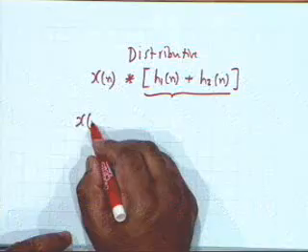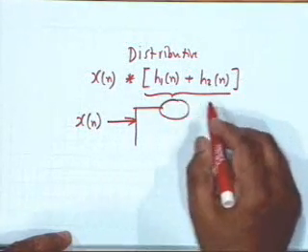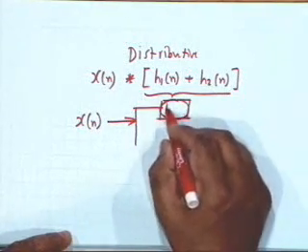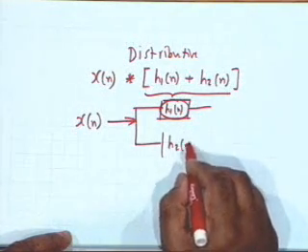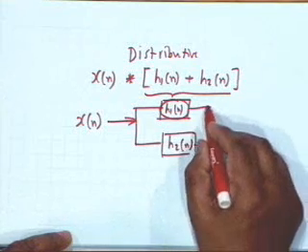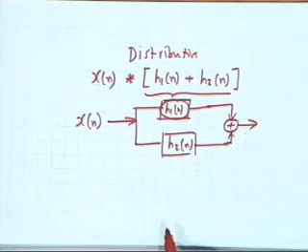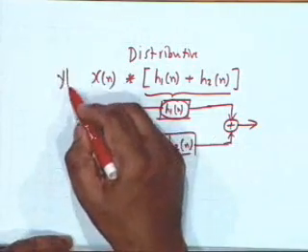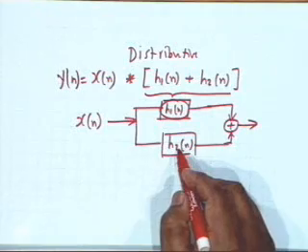That is, what we have is this, in terms of block diagram, x of n goes to one system whose unit impulse response is h1 of n, the other system h2 of n, and the two outputs are simply added together. That's what it represents, y of n equal to x of n convolved with h1 plus h2.